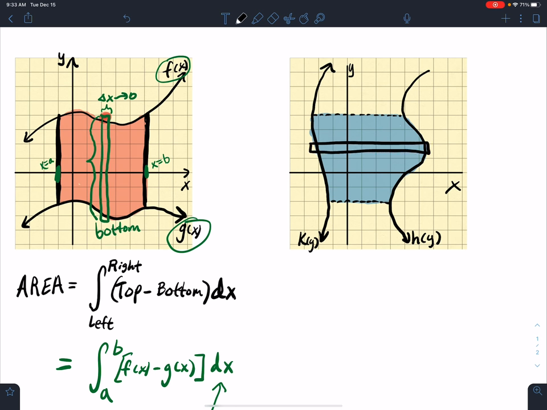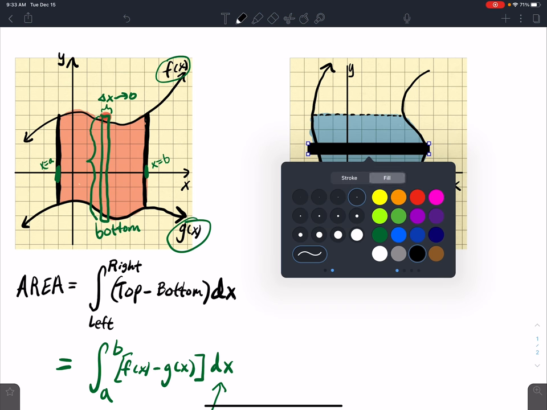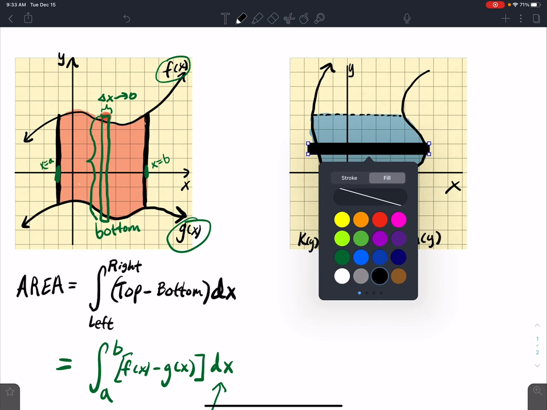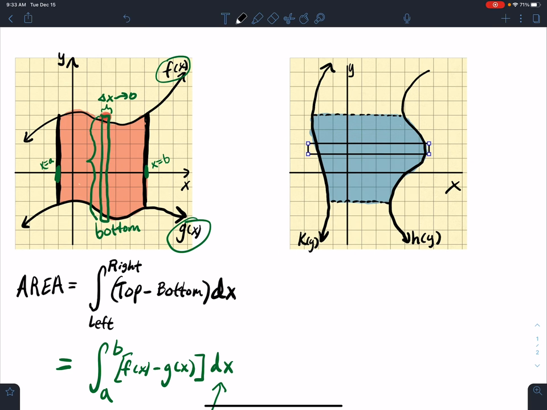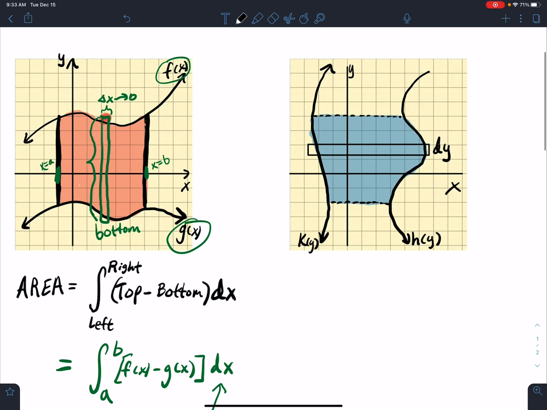So what does that look like? That looks like this right here, dy instead of dx. How do I get this distance from here to here? Well, how do we tell the distance between 2 points on a number line?